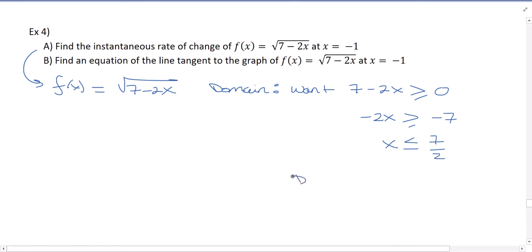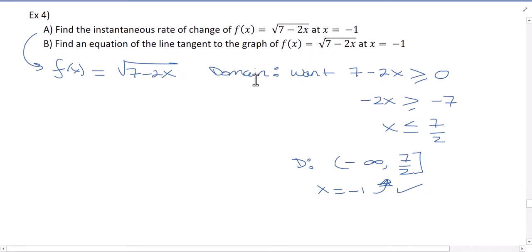So my domain then is the interval, everything that is less than 7/2, including 7/2. So -infinity all the way to 7/2 bracket. So when I see x is -1, that is part of the domain. So I'm okay. Sometimes it's important to do that because we may have something that is not in the domain, and so there's no work to do, but always double check the domain.